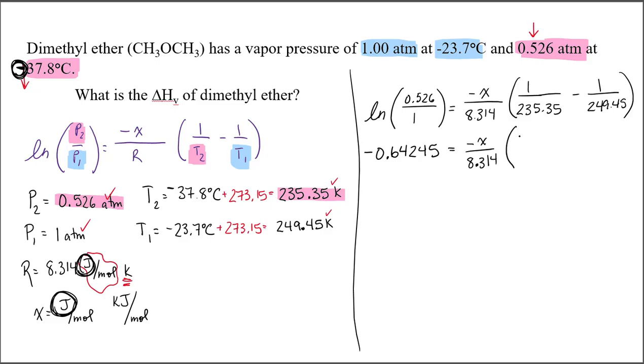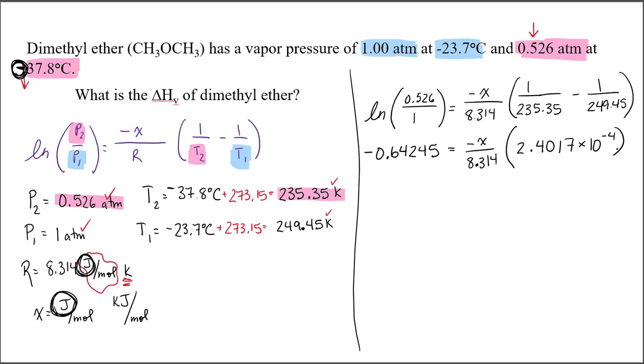Times 1 divided by 235.35, enter, minus parentheses, 1 over 249.45, close parentheses. I got 2.4017 times 10 to the negative fourth. Let me just double check and make sure that makes sense. Yeah, it's not a negative number.